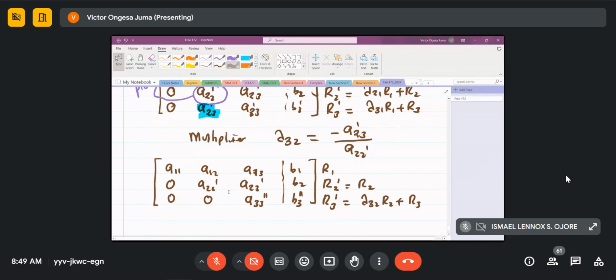So the question is, does this meet the definition of row echelon form? Can you compare any subsequent rows and see if they meet that definition?